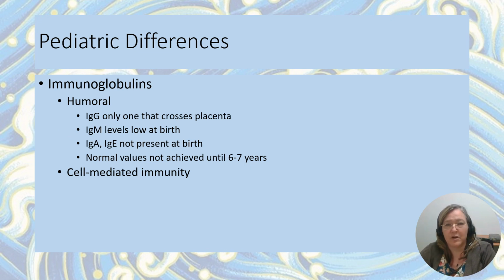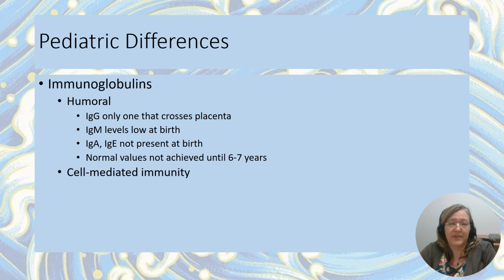Immunoglobulins are very important in the blood. So we have IgG, IgM, IgA, and IgE. What you need to notice from this is that IgA and E are not present at birth in the child.